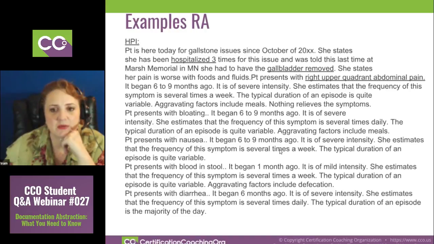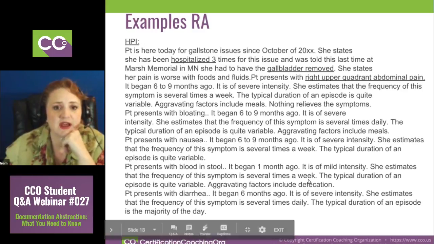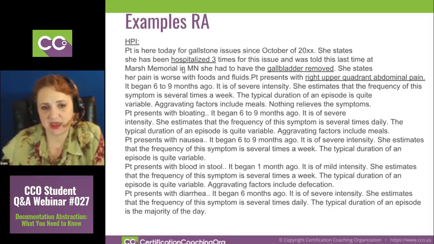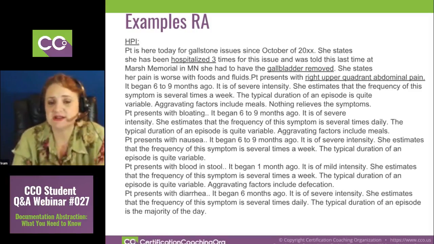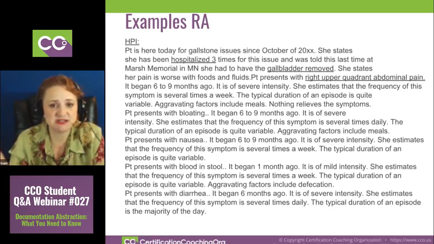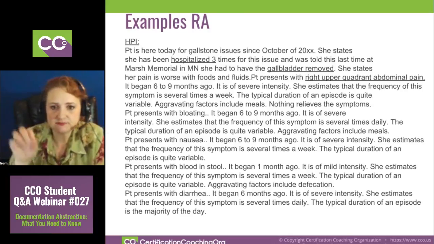I want to get a definitive diagnosis, and gallbladder doesn't risk adjust. However, the patient was hospitalized 3 times, so that tells me that I have either already seen those 3 documents, or I may see more tests and results because the patient was hospitalized 3 times. So this is going to tell me this is going to be a large chart, at least for that.